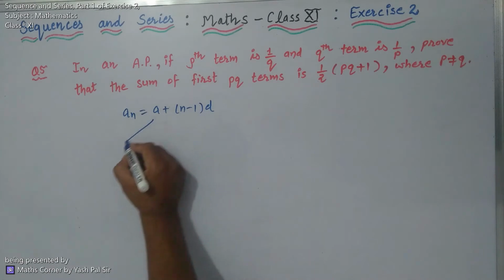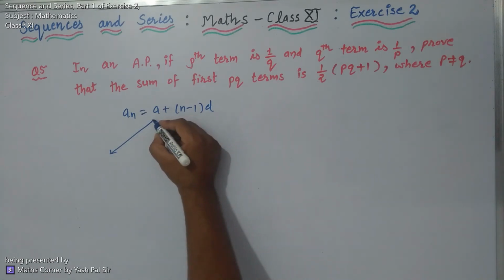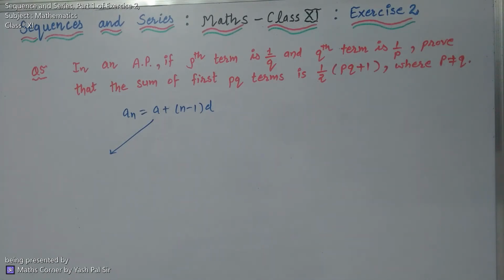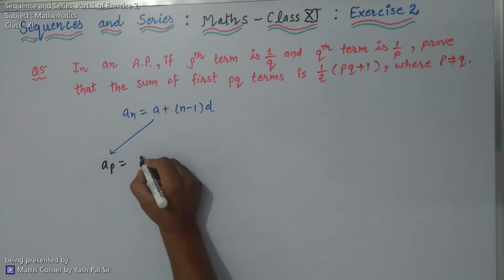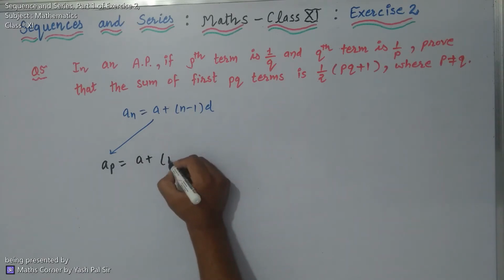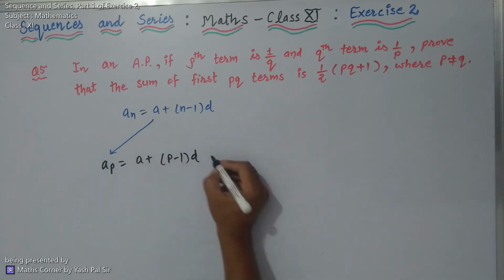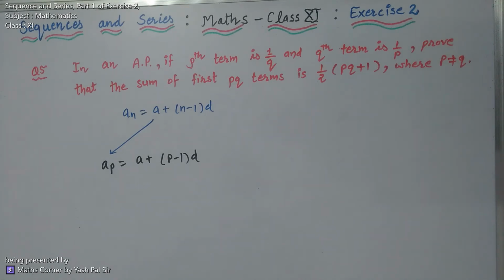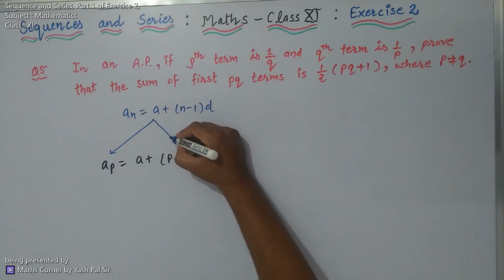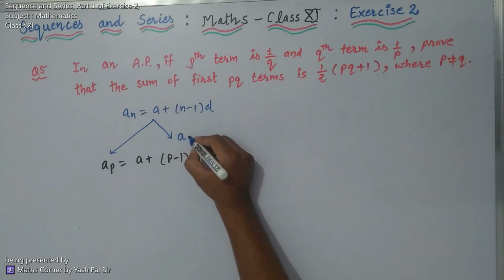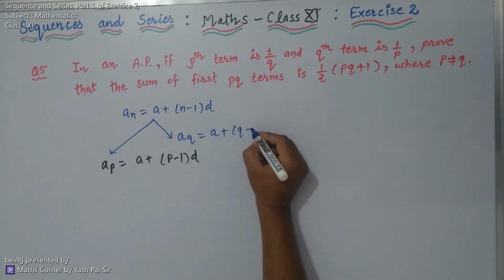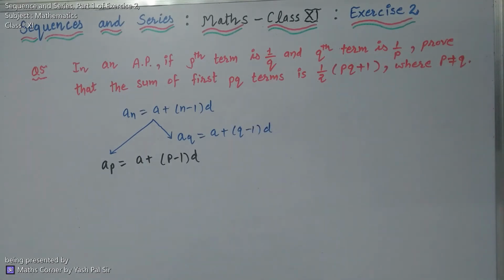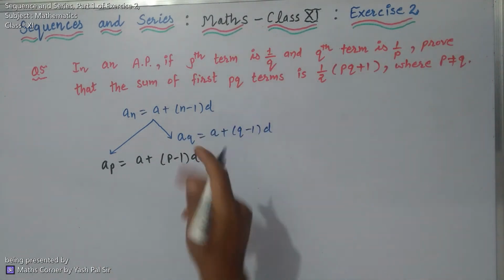So from here two things are given. Pth term, put n is equal to p, so ap is equal to a plus p minus 1 into d. And second thing, qth term, that is aq is equal to a plus q minus 1 into d. So from here, pth term is 1 upon q.